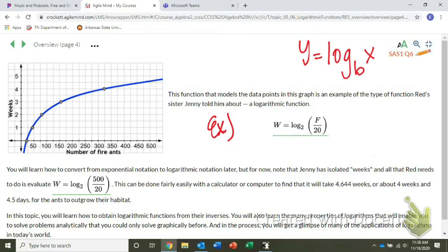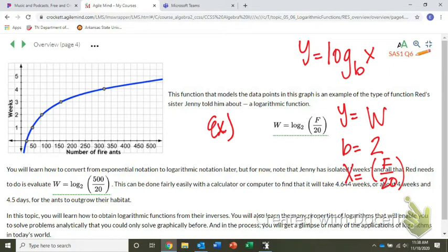So in this case, what is my y value? You're just matching the spots. W. What is my b, my little number, my base? 2. And then my x is f over 20.